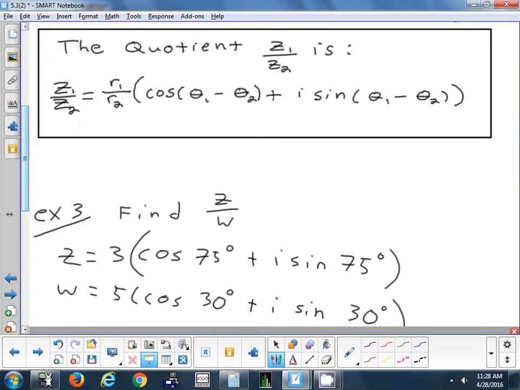Right, so the directions are asking me to divide Z by W. Okay, it would be different if they said W divided by Z. That would be a different problem. So we just have to make sure we pay attention to how they want us to do it.